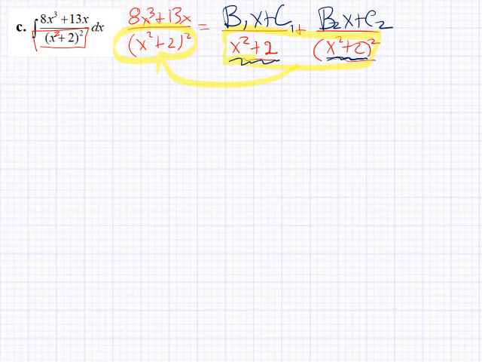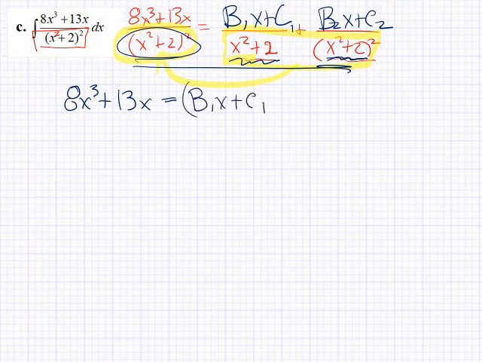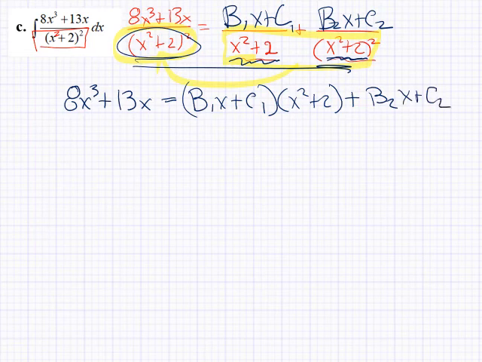Well, first thing we're going to do is clear the fraction out. So this is my common denominator. So I'm going to get 8x cubed plus 13x equals b1x plus c1 times x squared plus 2 plus b2x plus c2 times 1, essentially.